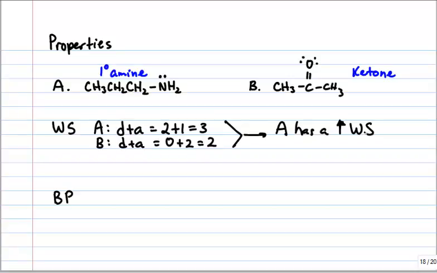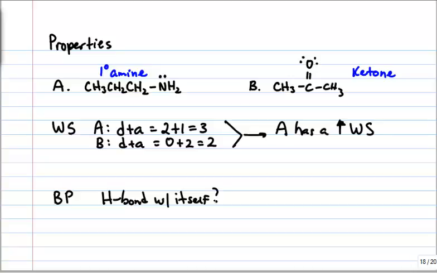In terms of boiling point, really boiling point of a molecule is a measure of what we would call self-association. How well do the molecules associate or cling to each other? Well, the first question to ask along these lines is, can a molecule H bond with itself?